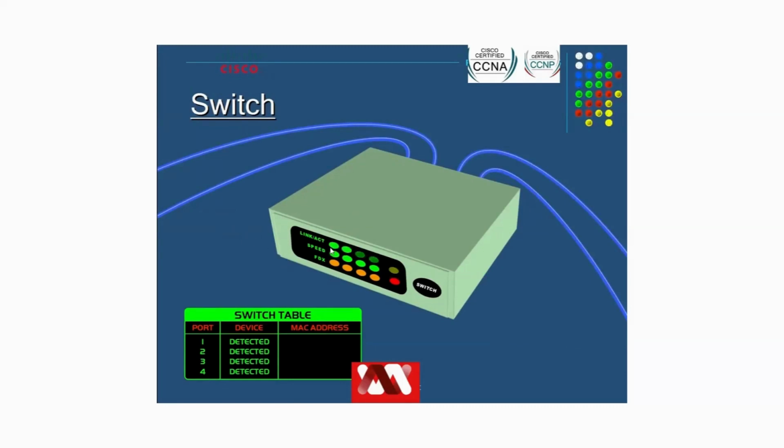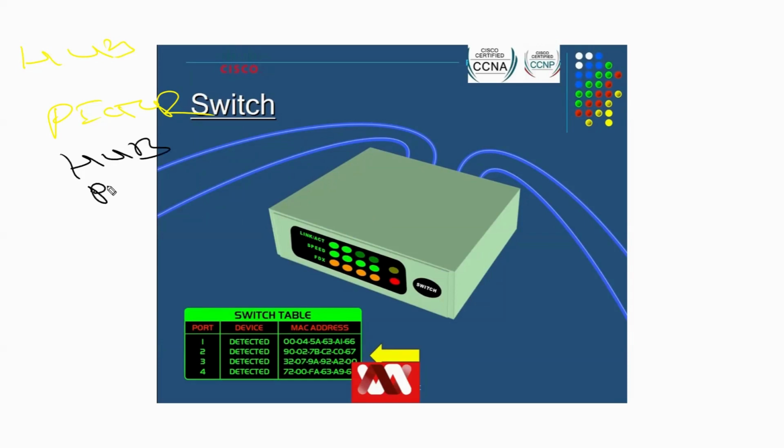Let's say it's blinking, it's detecting something, and let's see what it detects. See here, you would see some MAC addresses. When you see the hub picture from last time, let me change my pen color to black, since white and yellow are not really visible. What was in this picture?